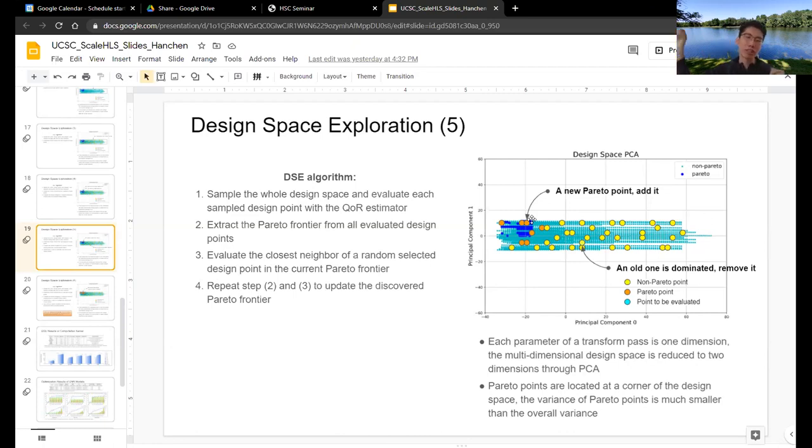And when you tune the initial interval of the pipeline, you are just making a trade-off between the throughput and the resource utilization. And they are all Pareto points, and in the design space they are clustered together. So this is the intuitive understanding of this.